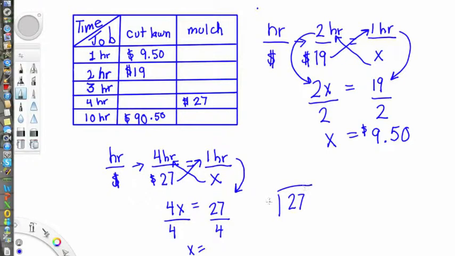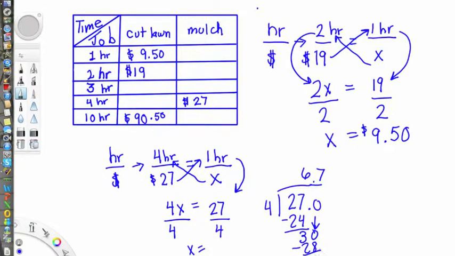27 divided by 4. We know that 4 goes into 27 6 times. 6 times 4 is 24. We get 3 as our remainder. We put a 0 here. 4 goes into 30 7 times. 7 times 4 is 28.